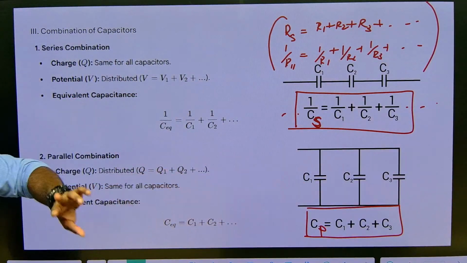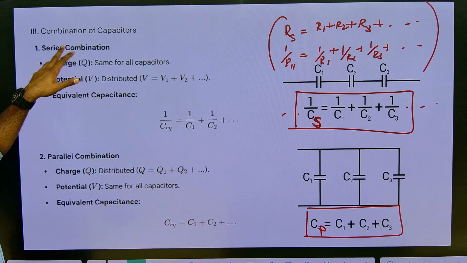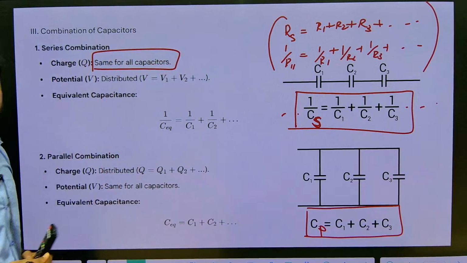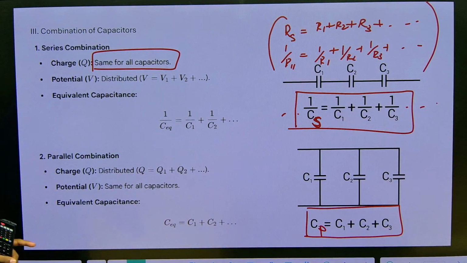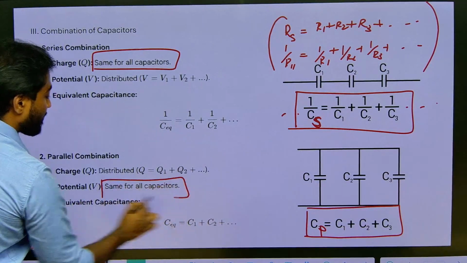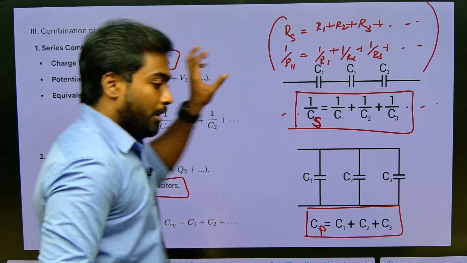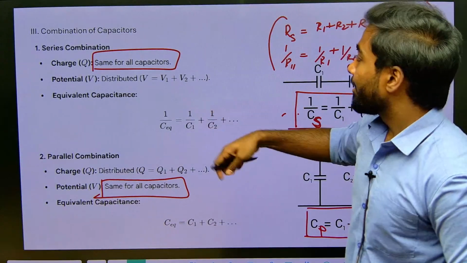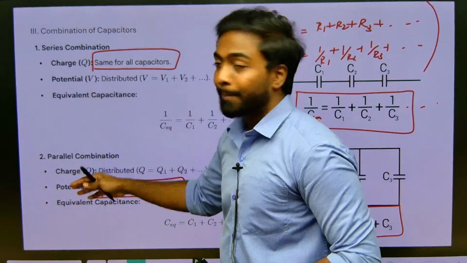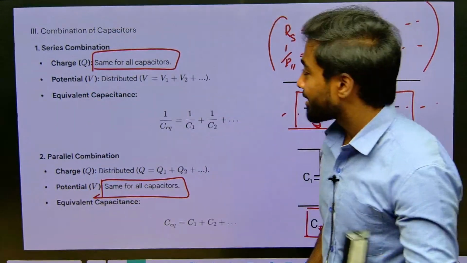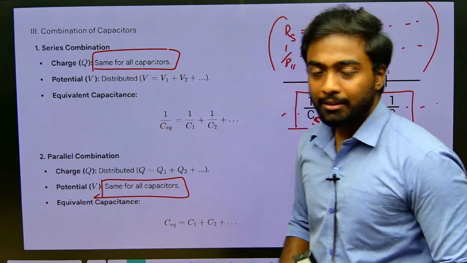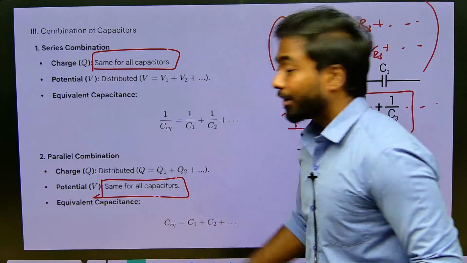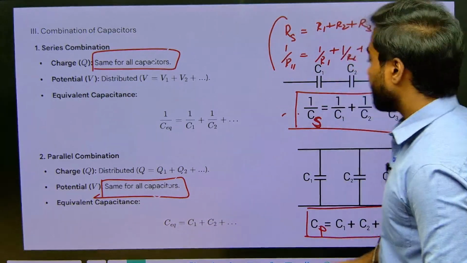And when we talk about capacitors in series, the charge will be the same, and when we talk about parallel, the potential will be the same. A question can be asked, what things will not change when the capacitors are in series and parallel combination. So for series combination, the charge will be the same for all capacitors, and for parallel, the same potential for all capacitors, okay.